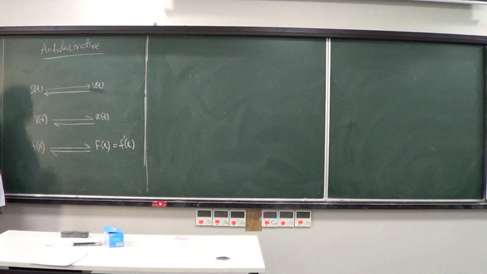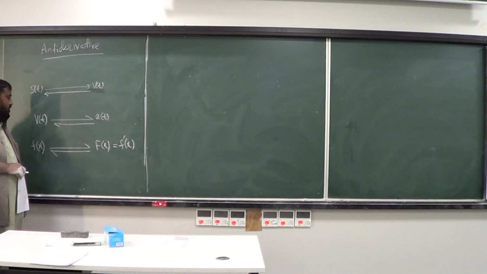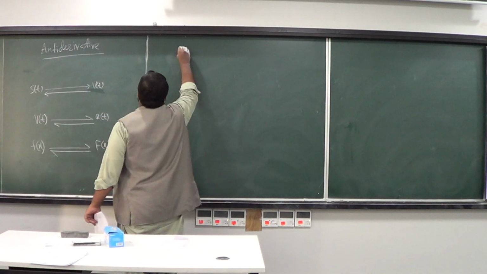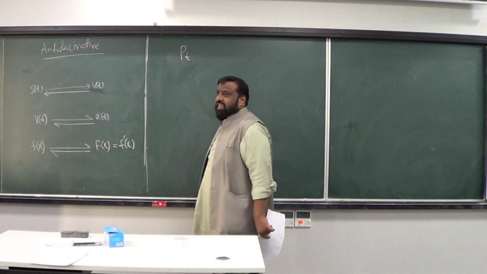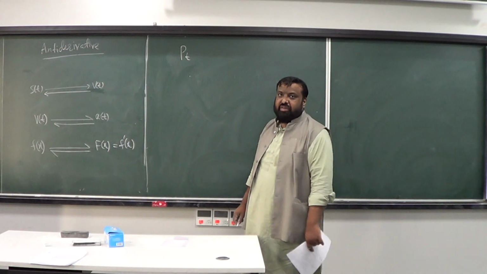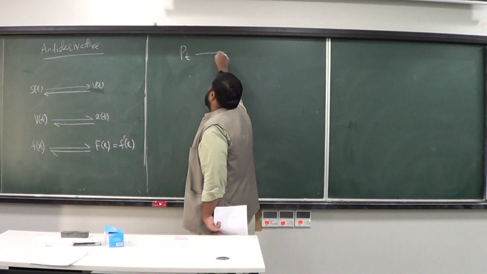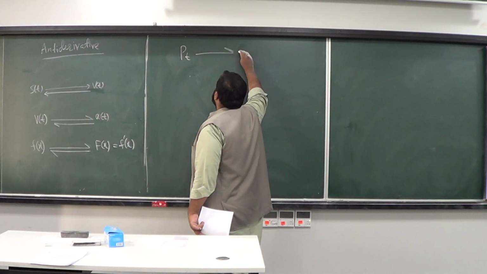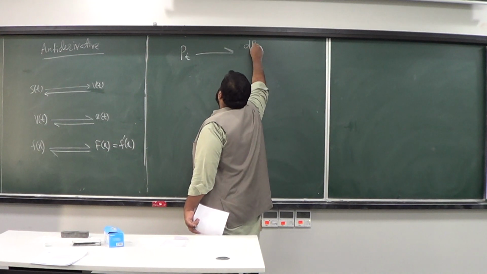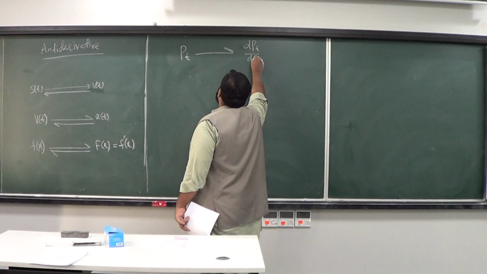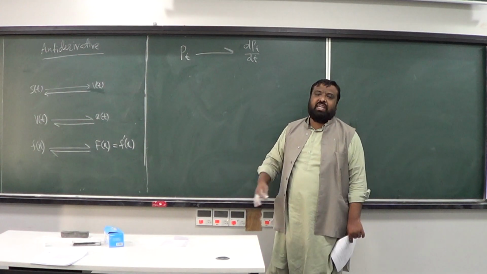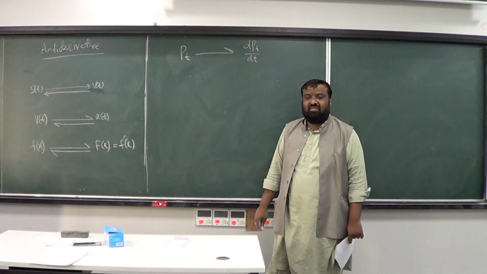For example, you know the population of some bacteria or some viruses at any time t, then I can compute its derivative, and I can know the rate at which the population of the bacteria is increasing.